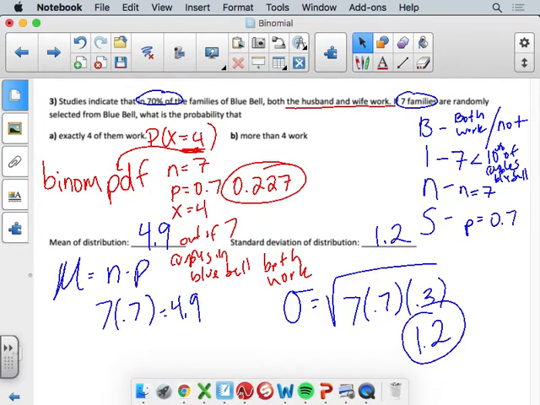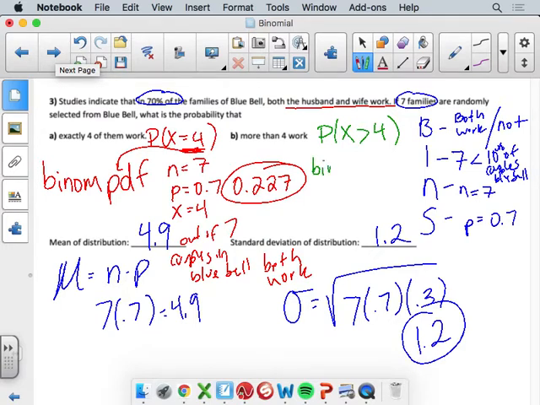Hopefully we aligned on that. Alright, and then one more probability: greater than 4 work. So 5, 6, or 7 couples work. So more than 4 is a CDF. Show your work. N equals 7, p equals 70%. Lower, upper.